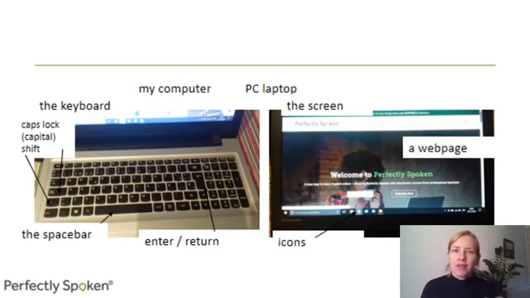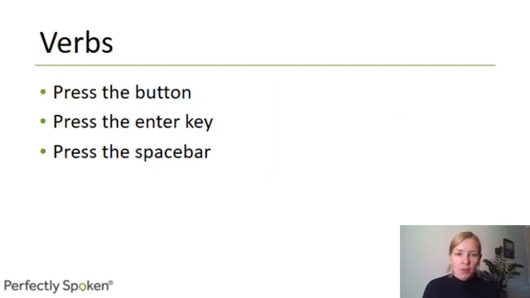So this is very, very basic vocabulary related to the external part of a computer. Now here are some verbs. We often say press the button. So for example, with the stereo, I pressed the power button. You press the enter key, you press the space bar.